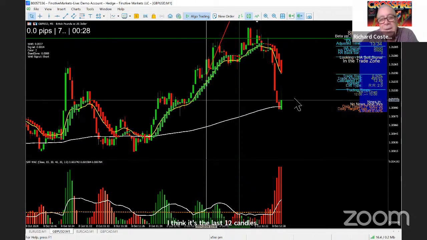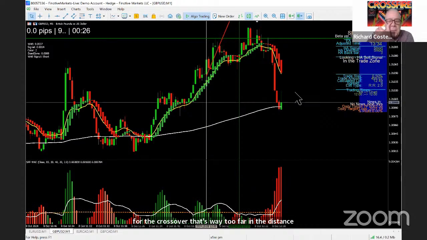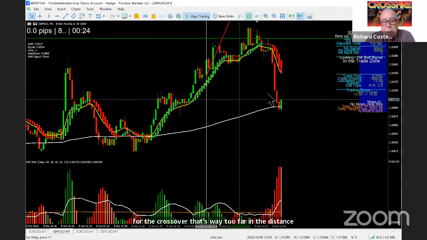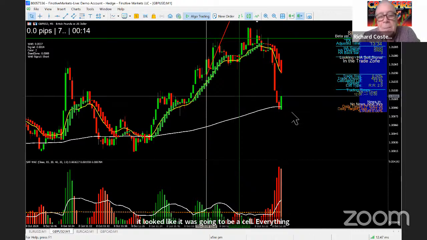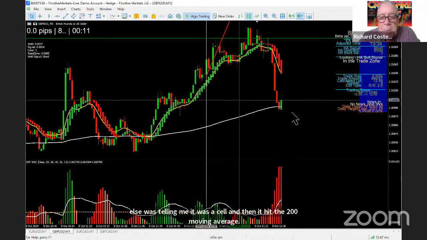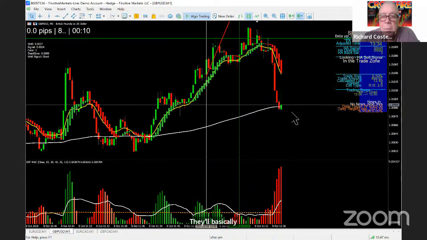And this is just ratifying my policy, if you like, because it looked like it was going to be a sell. Everything else was telling me it was a sell, and then it hit the 200 moving average. So basically the moving average is keeping me out of a trade that would have gone wrong.